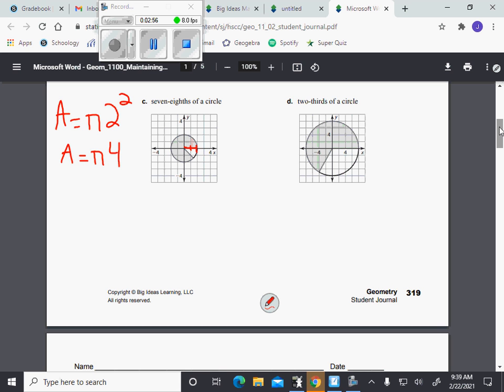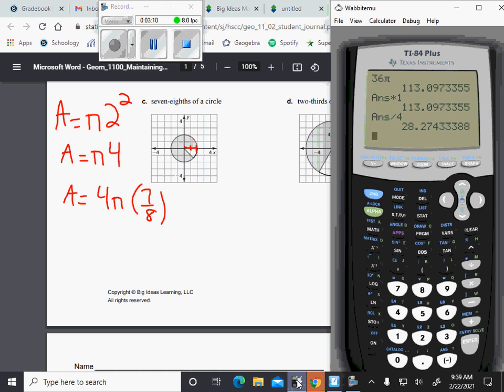We want to multiply this by 7/8, so the area of that shaded region is 4 pi times 7/8. We take 4 pi, multiply it by 7, divide it by 8, and you'll get about 11.